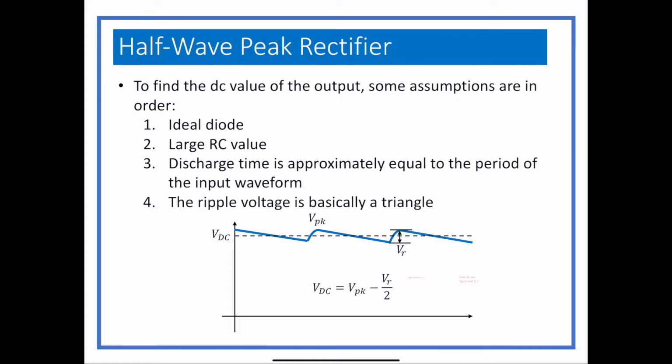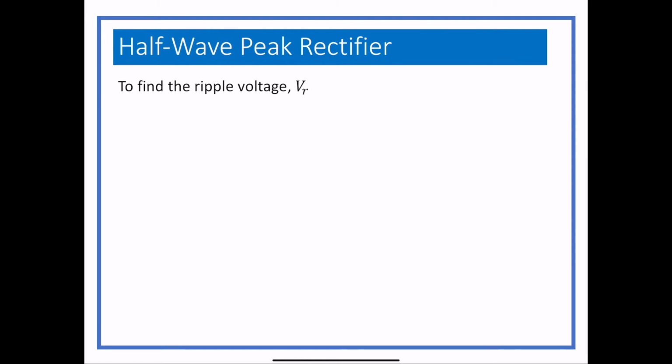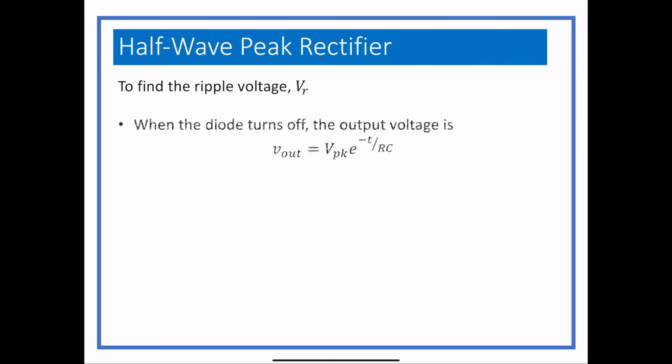The problem is, how do we figure out what the ripple voltage is? And this is a little more complicated. So to find the ripple voltage, first of all, when the diode turns off, the output is just going to be V peak e to the minus t over tau, or RC.